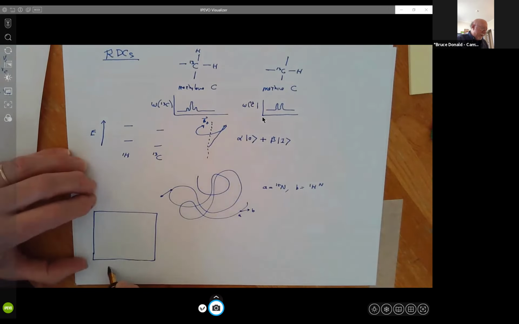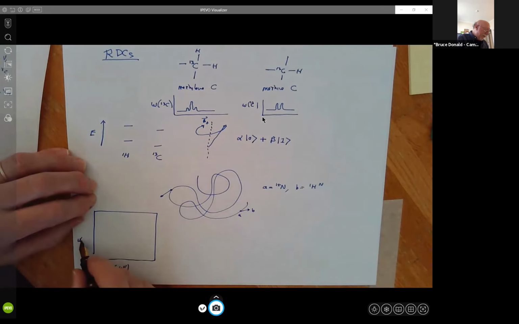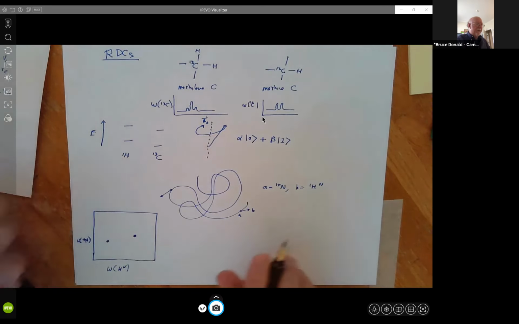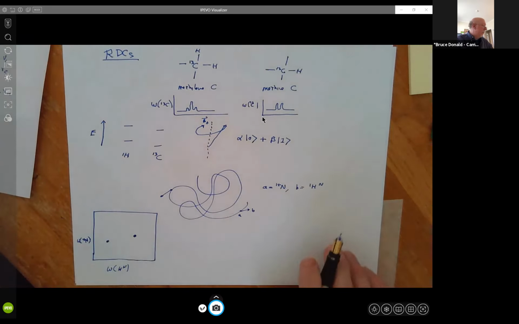And here we have the frequency of the amide proton. And here we have the frequency of the N15 nitrogen it's attached to. And we hope to see a peak for each one of these. And they have different frequencies because you have dispersion due to the differences in local electronic environment.